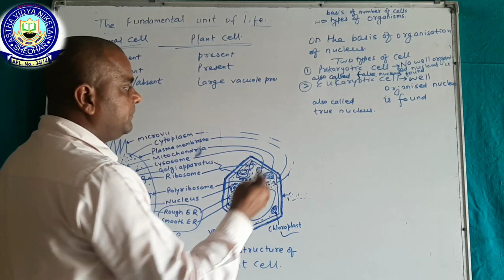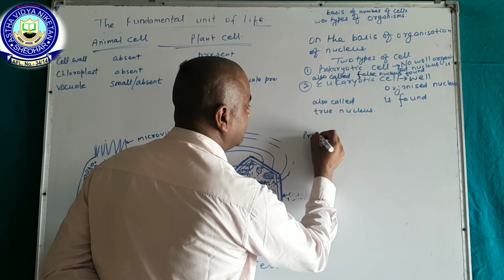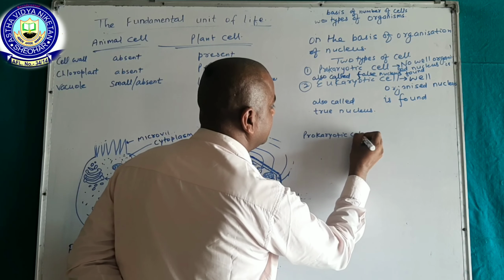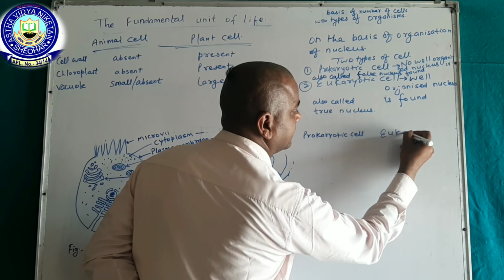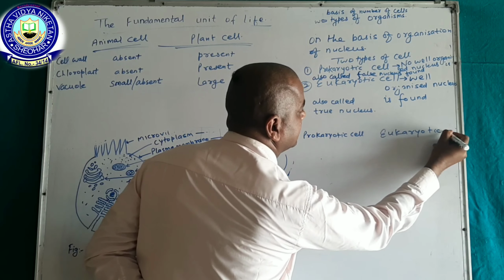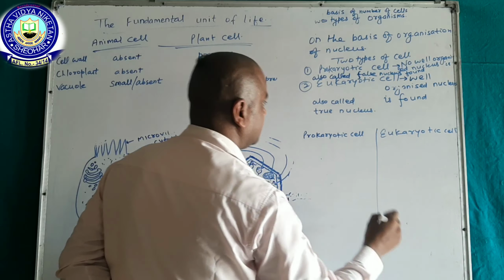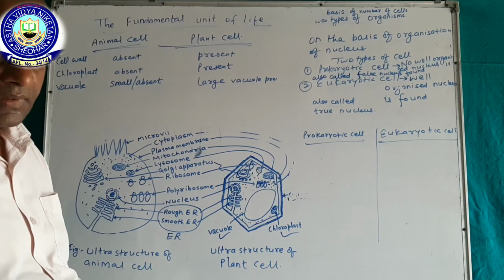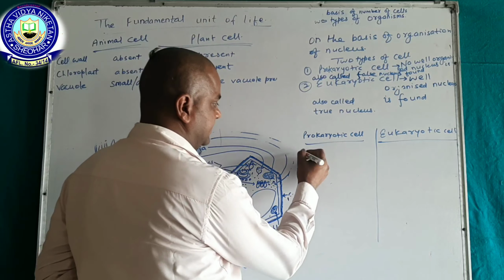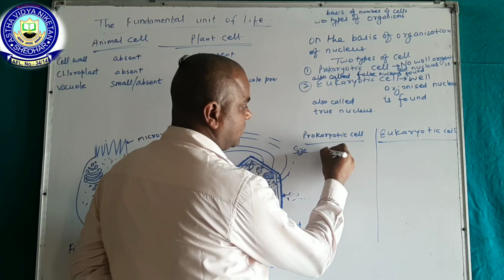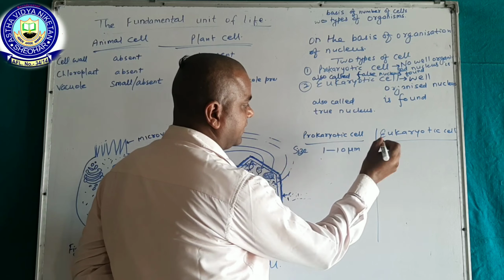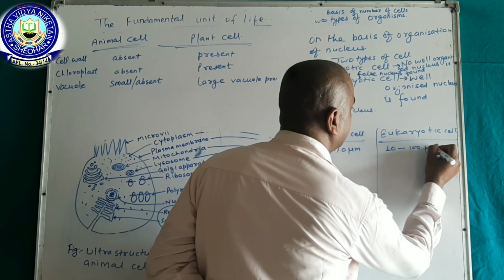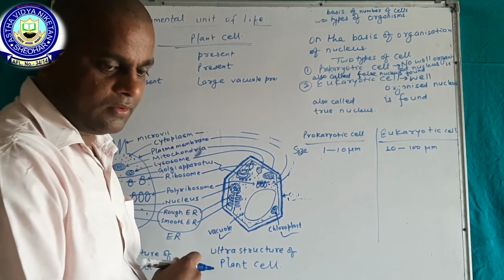Now come to the differences between prokaryotic cell and eukaryotic cell. Size: 1 to 10 micrometer in prokaryotes, and 10 to 100 micrometer in eukaryotes.